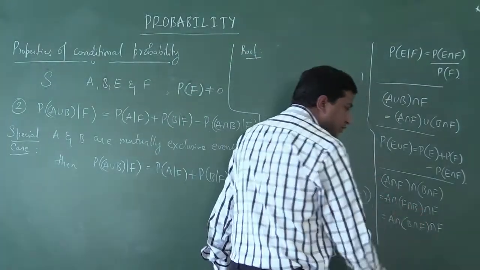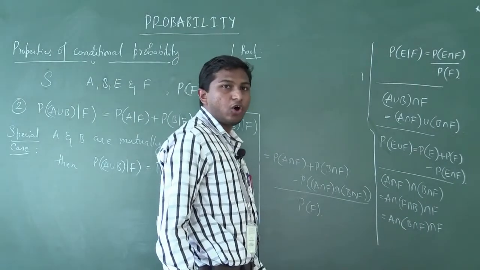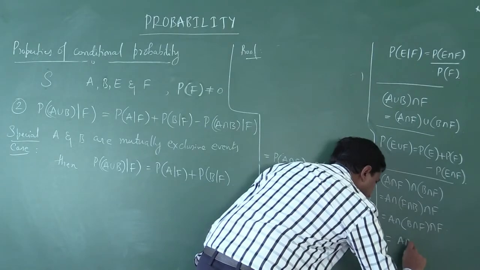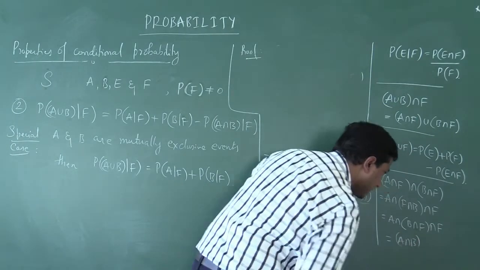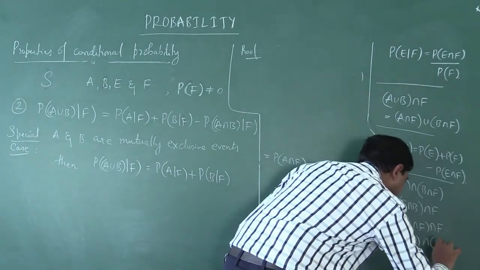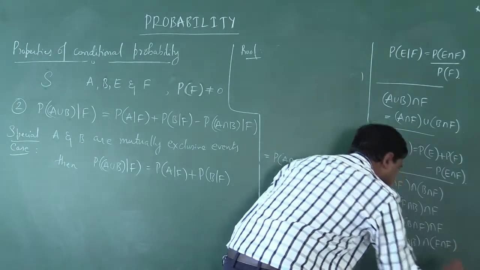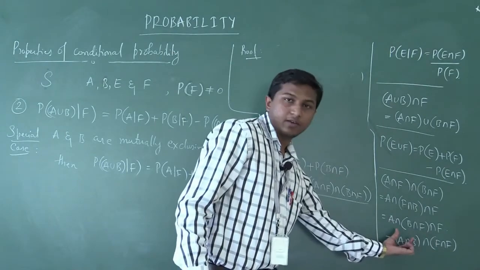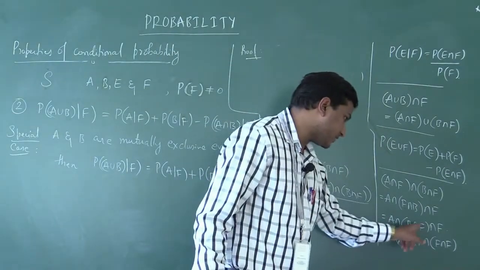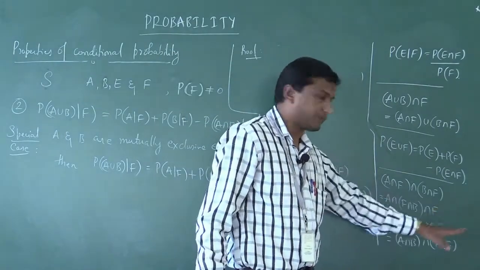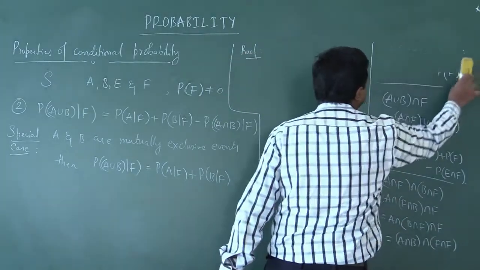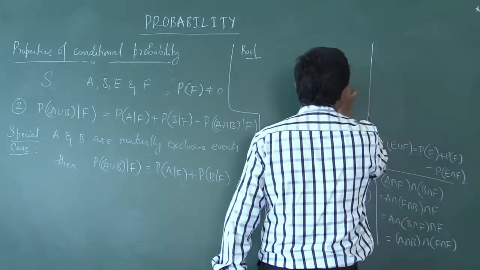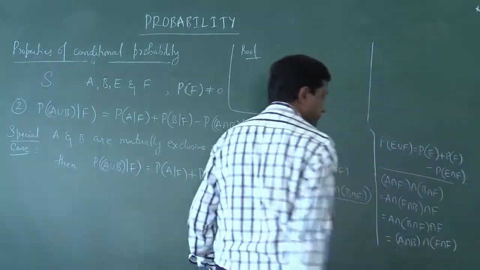Then again we will use the associative law of intersection of sets. I can associate A intersection B first, then intersection F intersection F. That is by the associative property of intersection of sets.